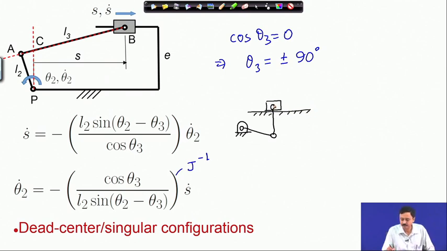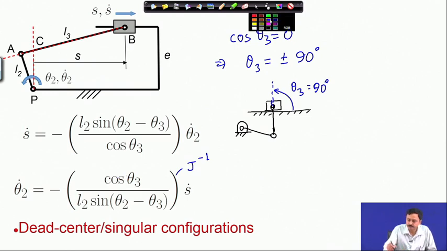If you can have a situation like this in a mechanism in a 3R 1P chain, where you see this angle theta 3 is 90 degree, then what this says is the numerator of the Jacobian inverse goes to 0.